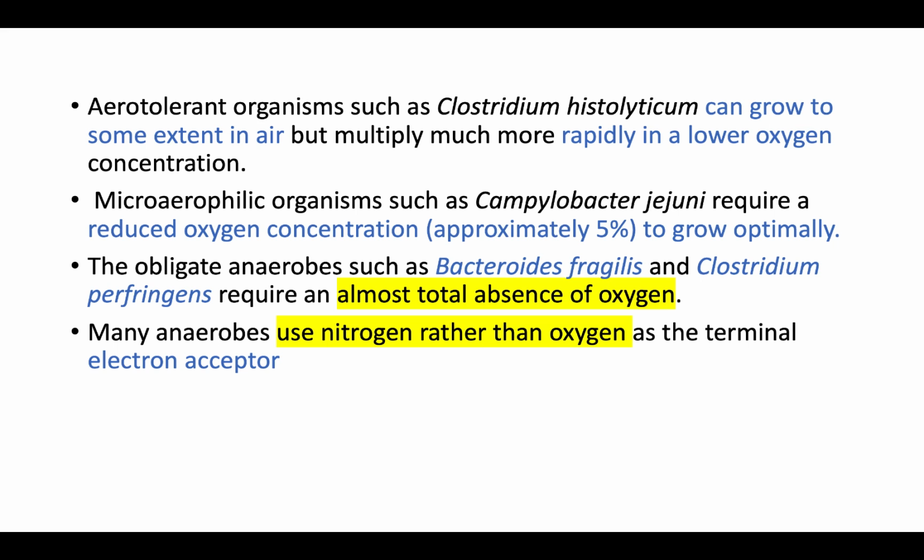Microaerophilic organisms, Campylobacter jejuni, are very important. Campylobacter is a major cause, sometimes the most common cause, of diarrheal disease. It requires a reduced oxygen concentration, and this is something found in the GI tract. The obligate anaerobes in our GI tract are Bacteroides, the dominant one, and Clostridium, especially Clostridium perfringens. They live in an almost total lack of oxygen, and they actually live in our gut.